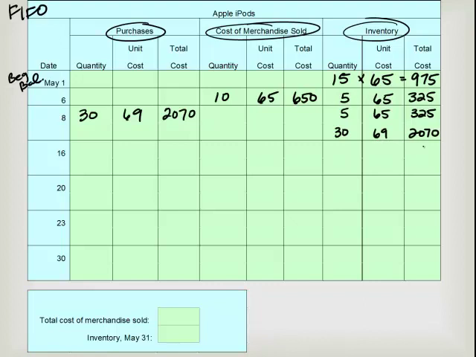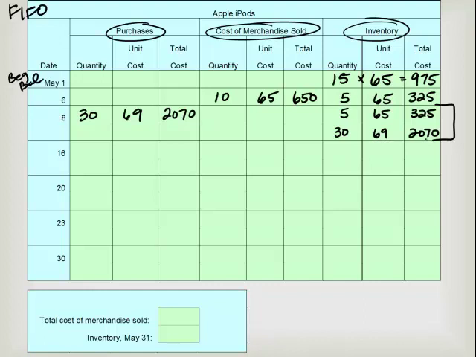I always put the oldest at the top. Looking at just that row, our ending inventory is made up of 5 $65 units and 30 $69 units. We have to keep them separate because the next sale we make, first in, first out, we're going to take the 65 first. Any questions so far?